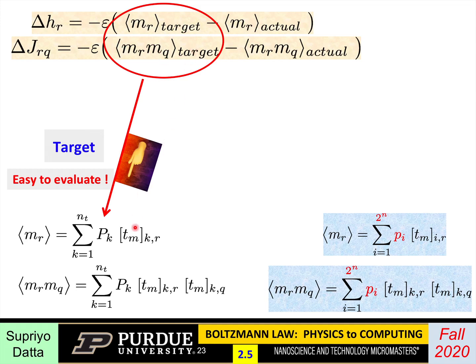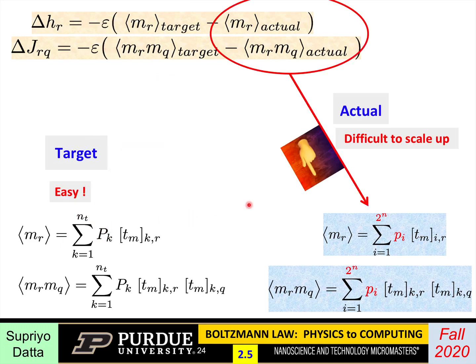Now for the target, it's relatively easy. Why? Because I just have to do this summation over my desired peaks. And there's only say 6 of them or 10 of them, maybe 100 of them. But it's much harder to evaluate the actual. You see, in the literature, often the target is called the data, actual is called the model. But the point is, this one, what I actually have, that requires me to do a sum over 2 to the power n terms.